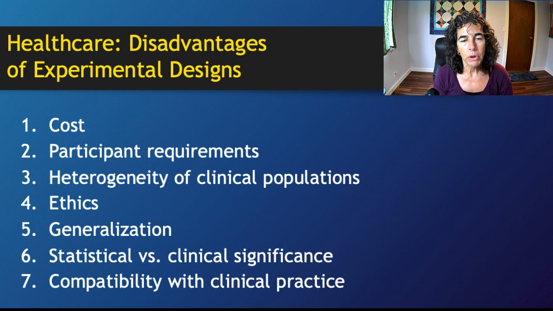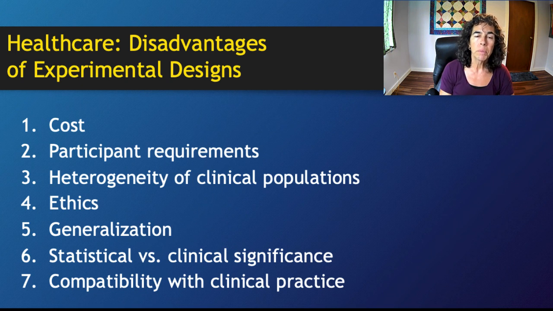Also, I've said before that when we have a large sample, we find statistical significance, which is what we're looking for. That is different than clinical significance, right? So what we're after is clinical significance, but with an experimental design, what we may get is just statistical significance. There's also potentially some compatibility difficulties with clinical practice.